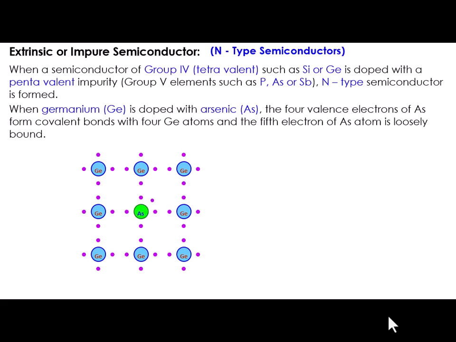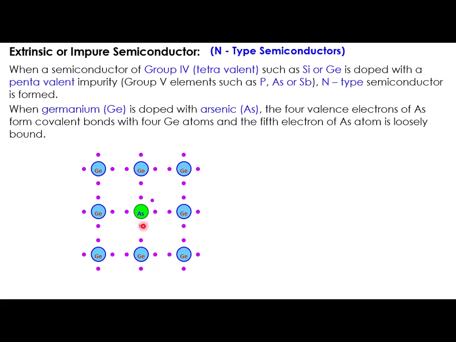As you can see, this is a germanium crystal, and all germanium atoms have 4 valence electrons each, and one of those germanium atoms has been replaced by an arsenic atom, which has 5 electrons. Now what will happen?